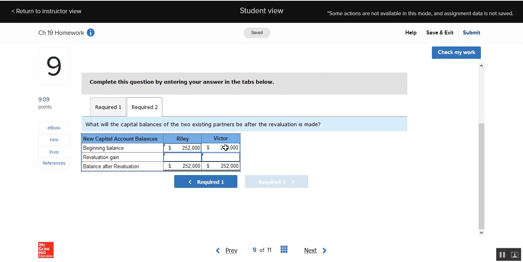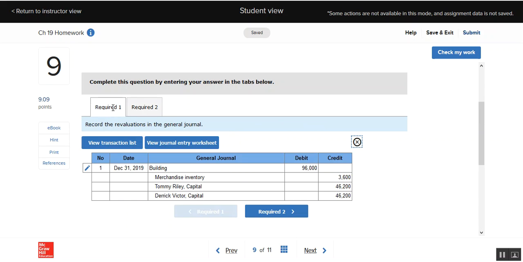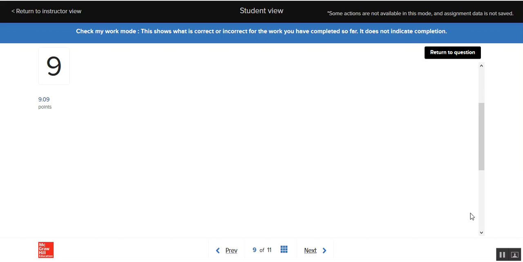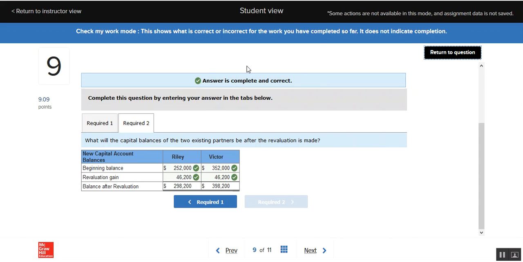So let me fix that. All right, and then the revaluation gain, I've already forgotten what it was, $46,200. So you're just going to pick up that amount that you calculated in part 1, and it's adding that to their balances after revaluation. So let me again make sure I didn't type anything in wrong. So then when it says it's complete and correct, so we are all done.